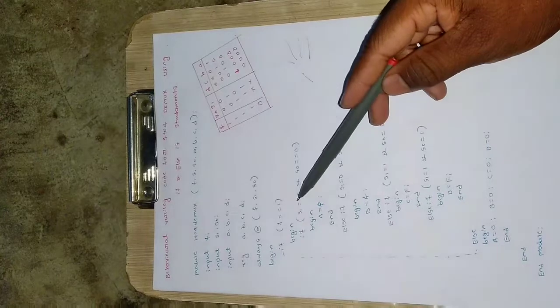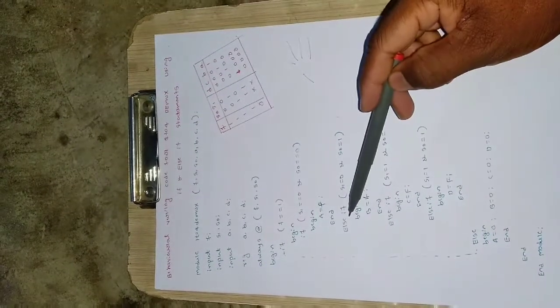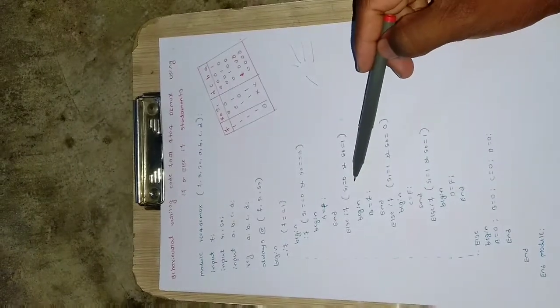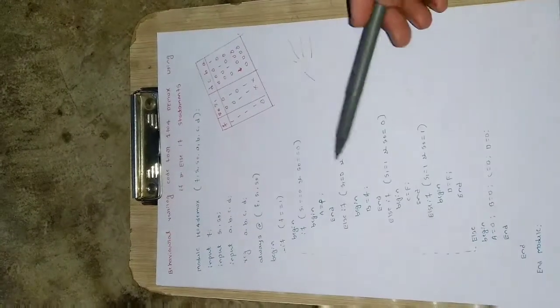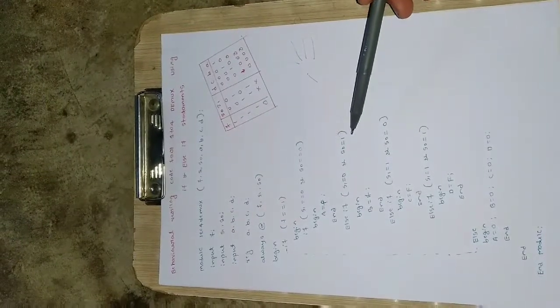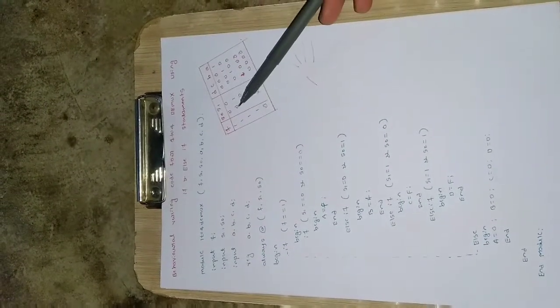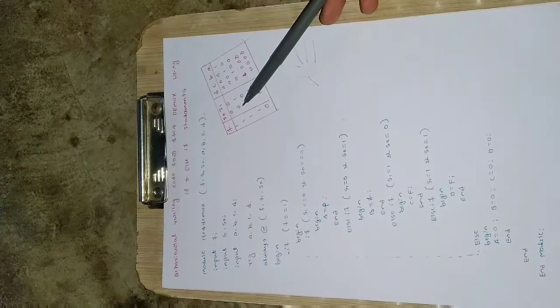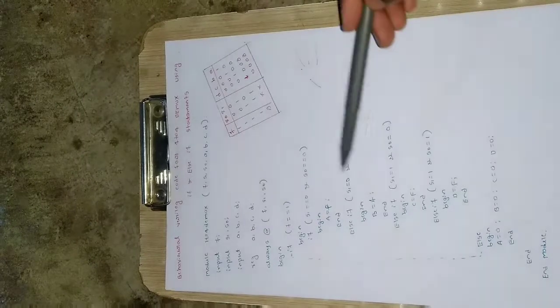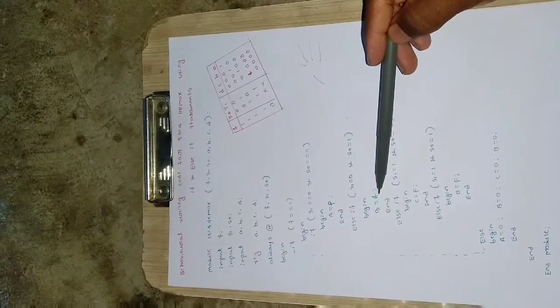So the value of f will be assigned to a here, so a is equal to f, and then end. If this is not happening, then else if, it will check for the next condition. So if s1 is equal to 0 and s0 is equal to 1, at that moment it will check whether it is the 0 and 1 condition. If it is, then b will be assigned with the f value, so b will be high here.